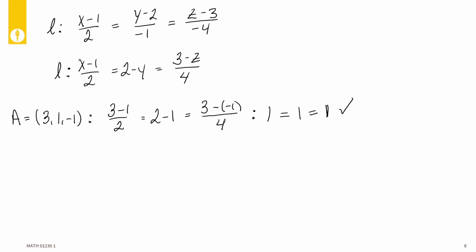A is on the line because it satisfies the symmetric equations. Remember, that is how we're representing the line, so any point on the line has to satisfy that. And so when you plug in your point A, you get 1 equals 1 equals 1. Satisfied.